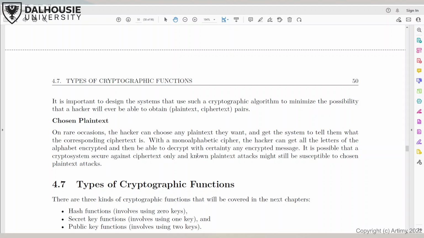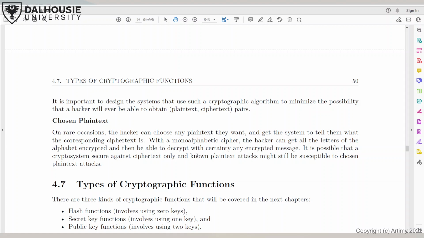The attacker now can collect a database of information where they have a text of their choice and the equivalent ciphertext. Later, if they want to decrypt something, they will look at the message they want to decrypt and look at their database of all these messages that they collected, and they find the plain text. Now, all of these techniques work very easily on the monoalphabetic ciphers.